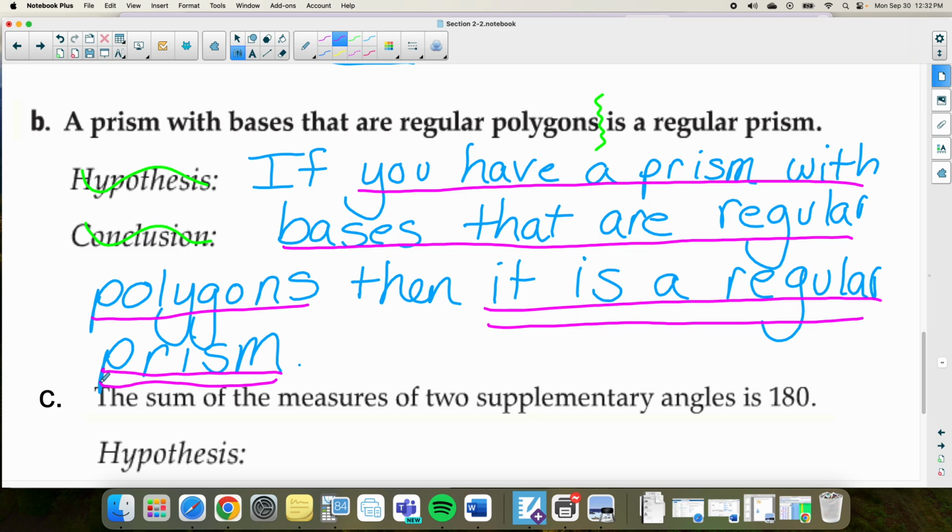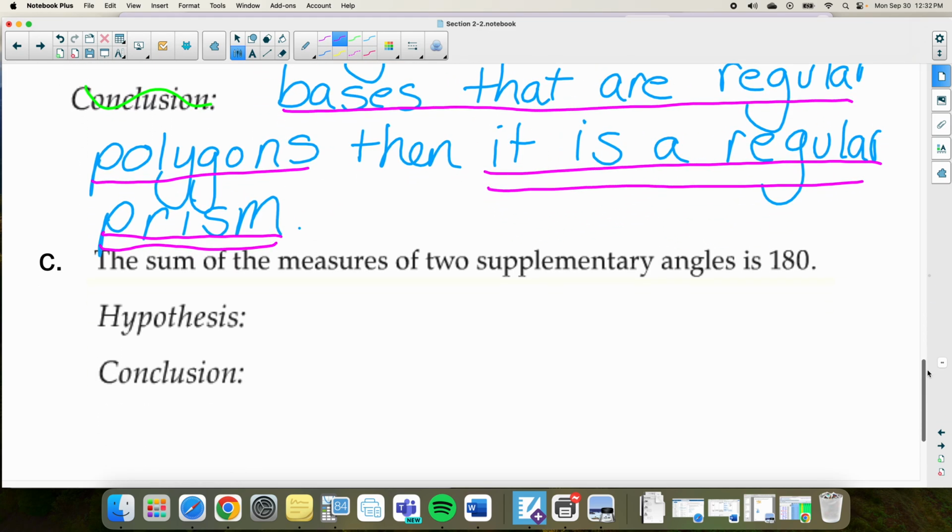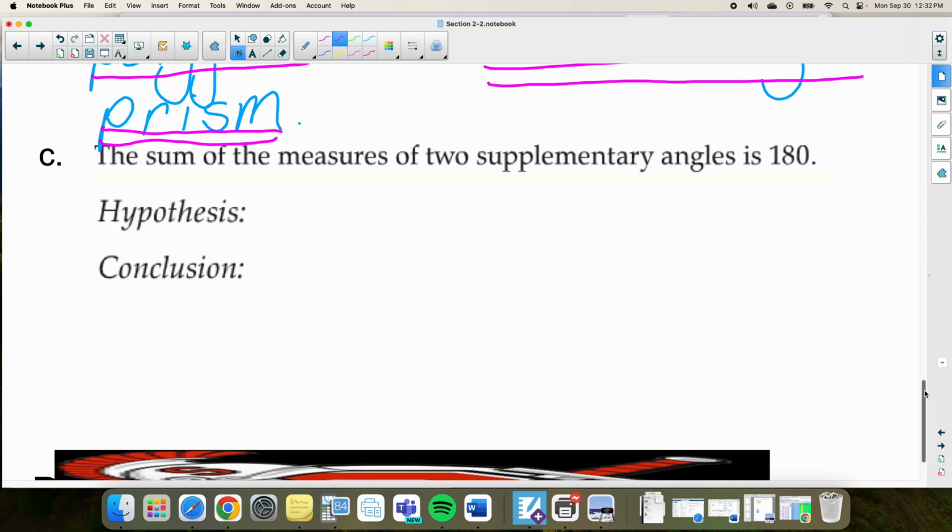Okay. Then if I go to my last one here, this one you could write two different ways, but I think what I'm gonna do is just split it up right here again.